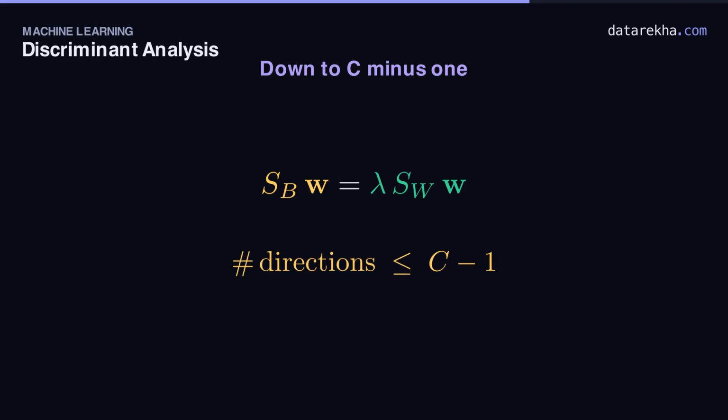The between class scatter is built from only C class means around one overall mean, so it has rank at most C-1. That caps the number of useful directions at C-1. Two classes give you one direction, a single line, exactly what we drew. Three classes give at most two, enough for a flat two-dimensional plot. That makes LDA a favorite for squeezing many labeled classes down into a picture you can actually see.